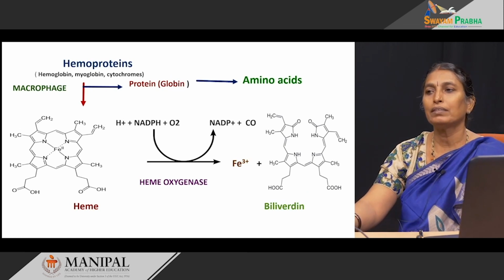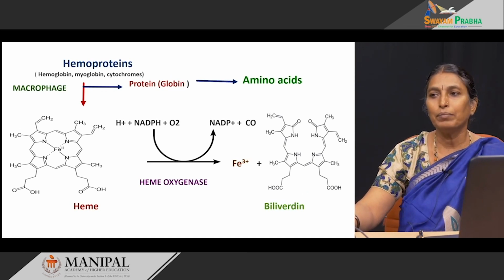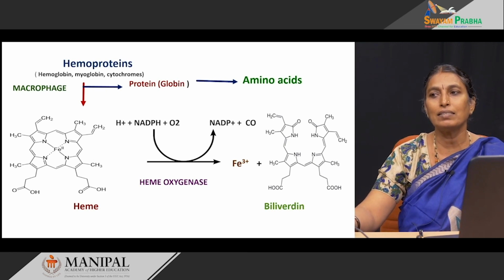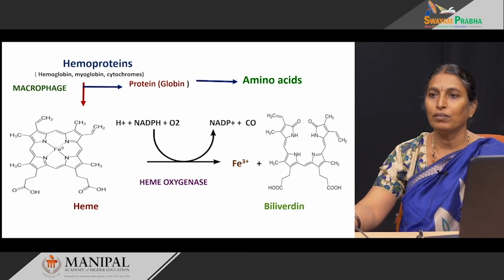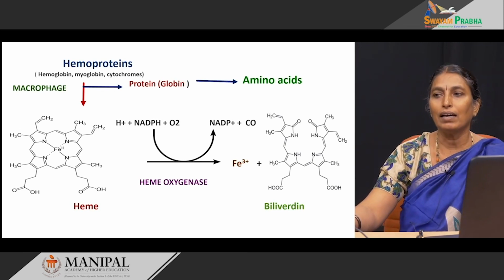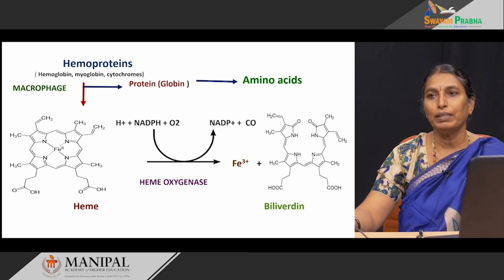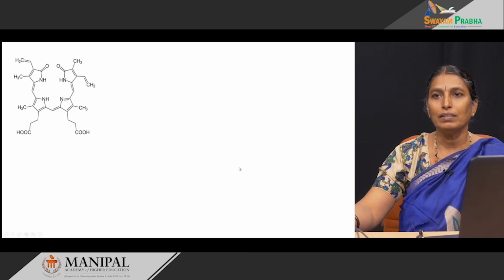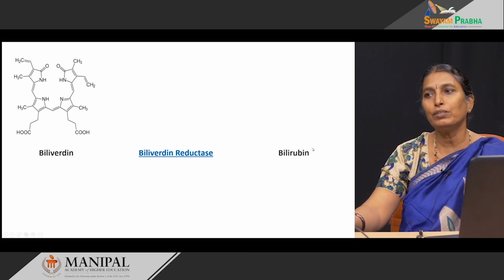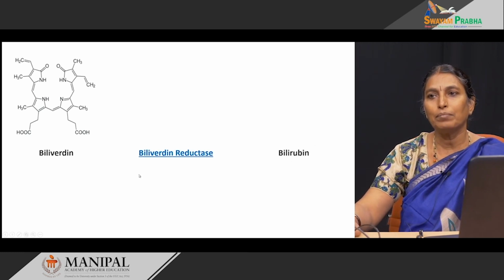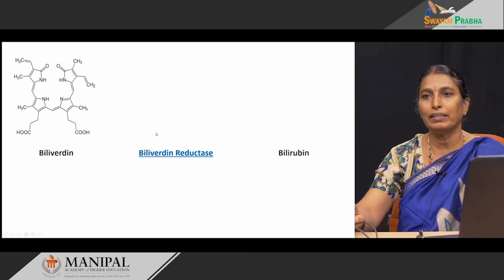In amphibians as well as birds, this biliverdin is excreted as biliverdin itself as a green pigment, but in human beings this will be converted to bilirubin. So, this is biliverdin, and the conversion to bilirubin is by the enzyme called biliverdin reductase.